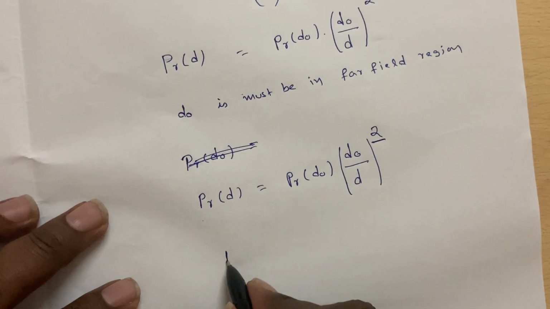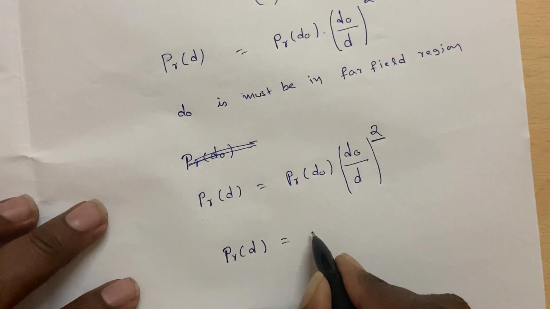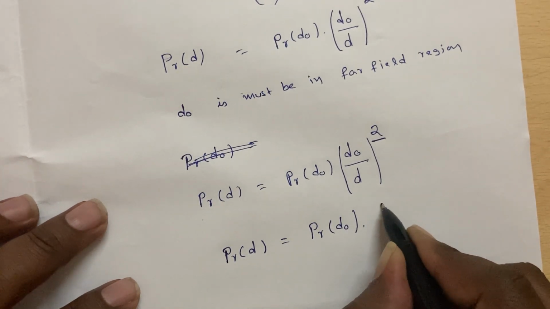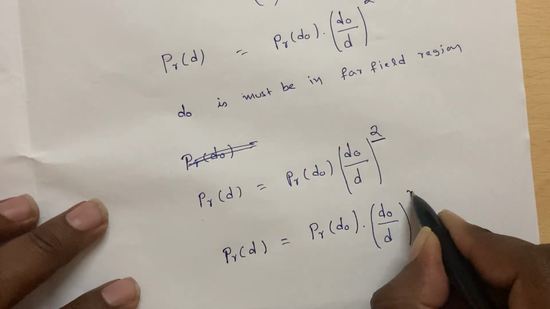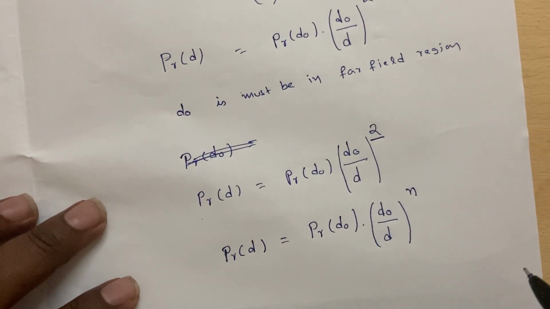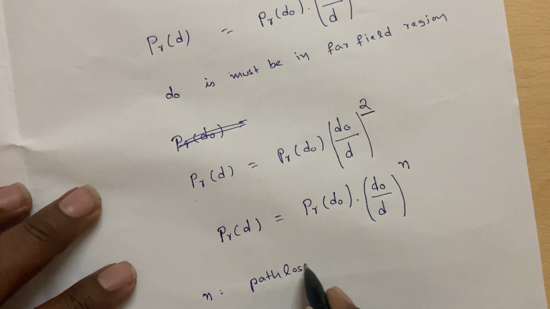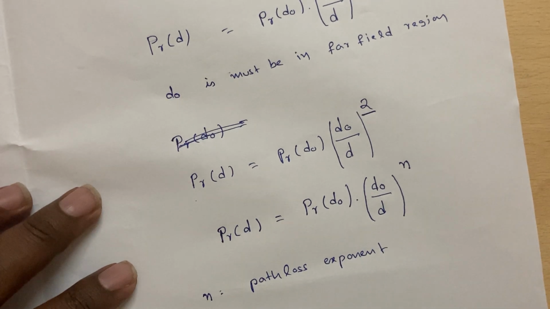So for a general arbitrary area, we write the received power as PR of d naught into (d naught by d) power n. Here n is called the path loss exponent, and it is equal to 2 for free space communication.